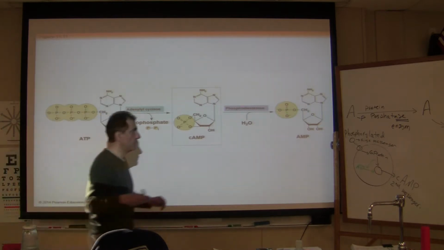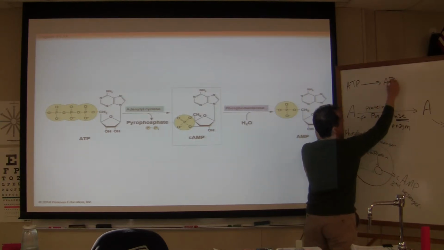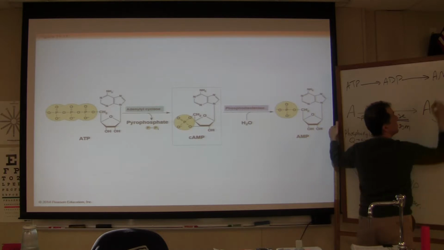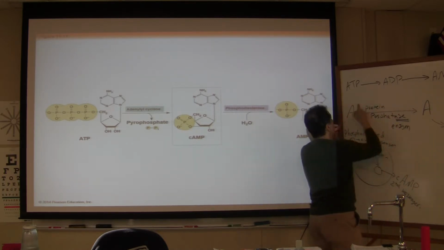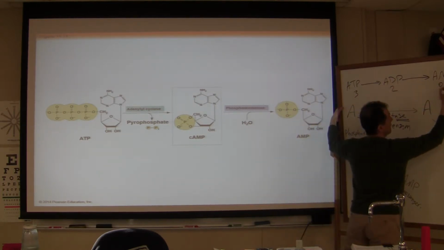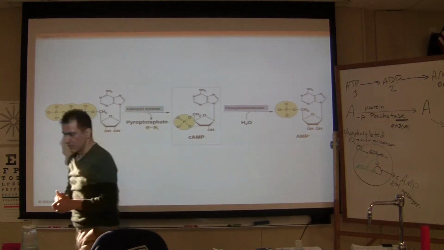In our body, ATP can become ADP, and that ADP can become AMP. Adenosine triphosphate, 2-phosphate, 1-phosphate, monophosphate. So that happens inside of our cell.